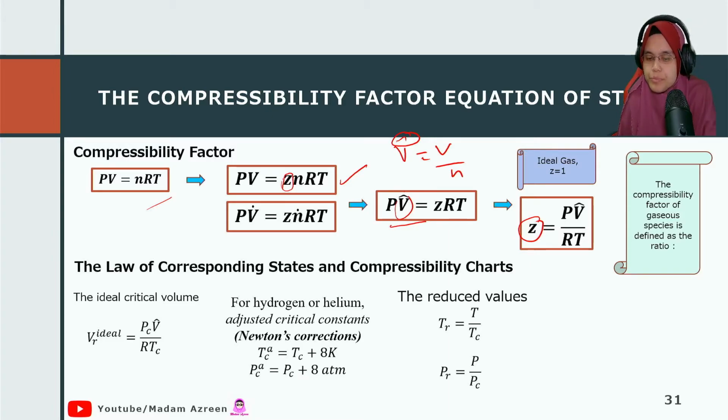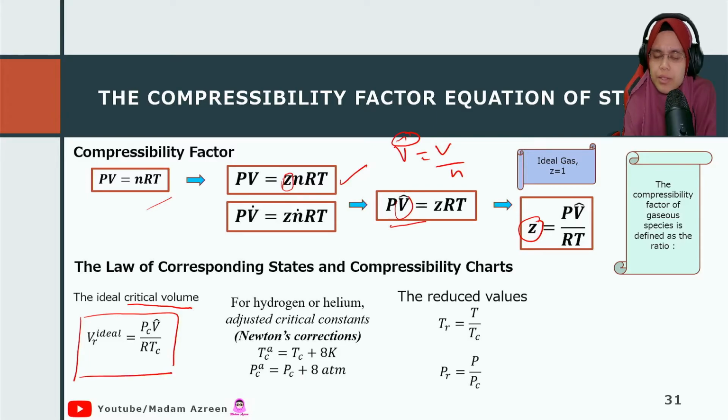Okay, and then we can also calculate an ideal critical volume, which uses this formula. Later on you will see why we really need to calculate this critical volume.